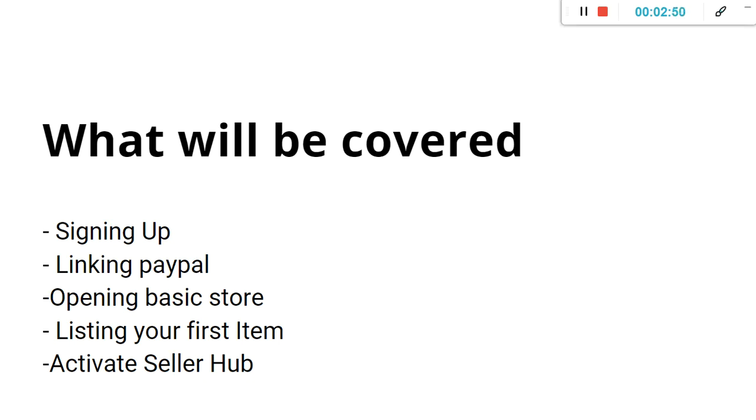So we're going to go through linking your PayPal account. I think it takes about a month or two before you can actually activate the payment processing through eBay. We're going to be opening a basic store today, listing our first item in order to activate our seller hub, and you guys are going to see what it looks like and so forth. So let's get started.